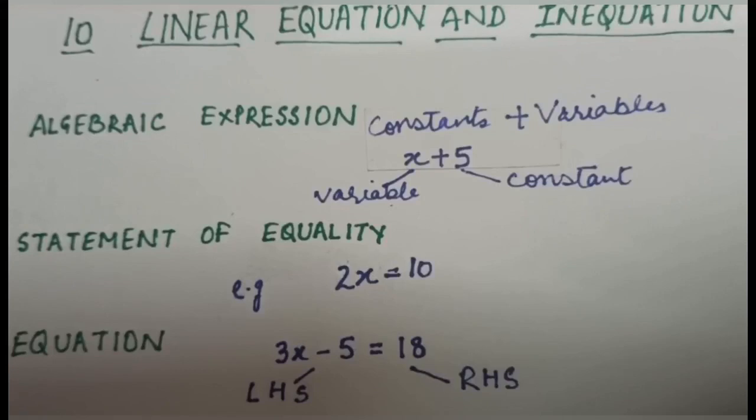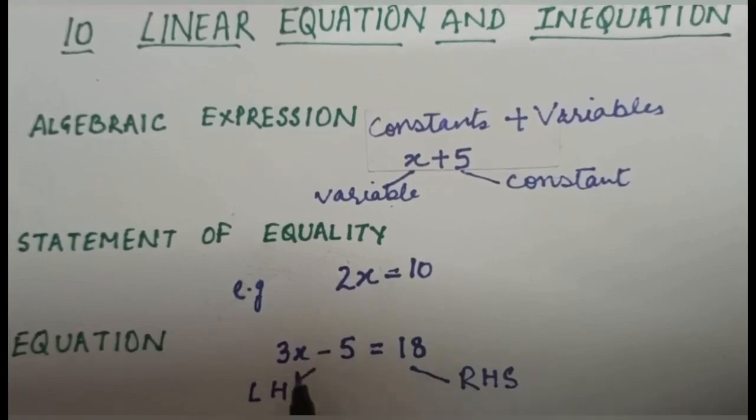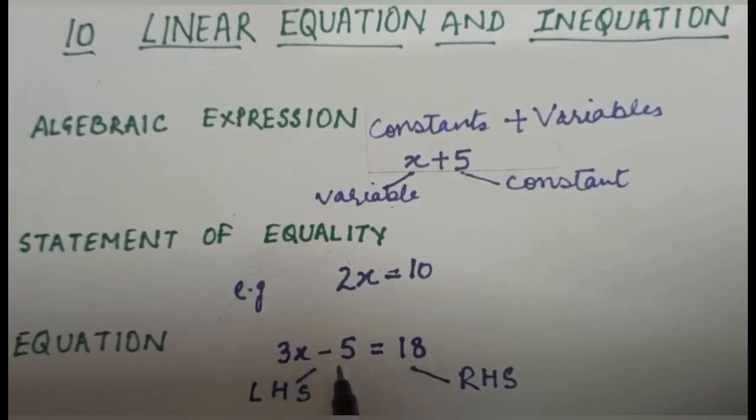Next is equation. What is an equation? An equation is a statement of equality in which we use variables. We may use one variable or we may use more also. This is an example of one variable. If I say 5 subtracted from thrice a number is equal to 18, our equation becomes 3x minus 5 is equal to 18.